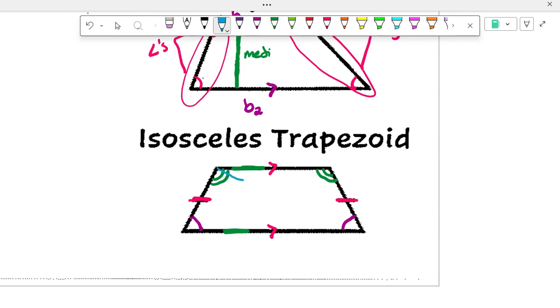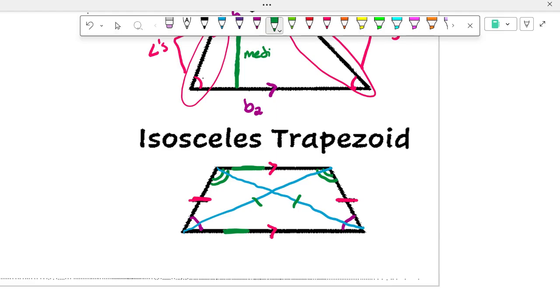And then the last thing is that these diagonals are congruent. So the diagonals themselves are congruent. However, they do not bisect each other. So unlike a parallelogram where they cut them in half, trapezoid diagonals do not bisect.